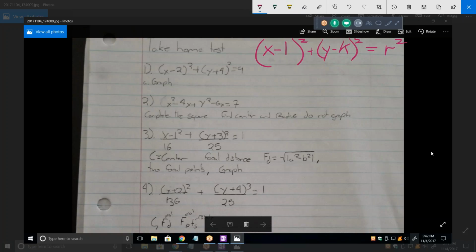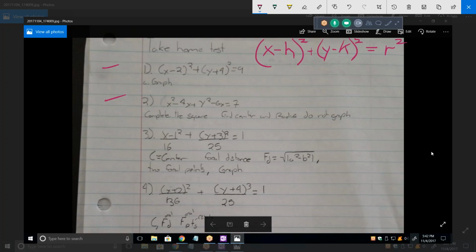Okay. All right. So the next one gives us a polynomial. They don't give it to us in this format. And a lot of times they won't. They won't give it to you in the perfect format.